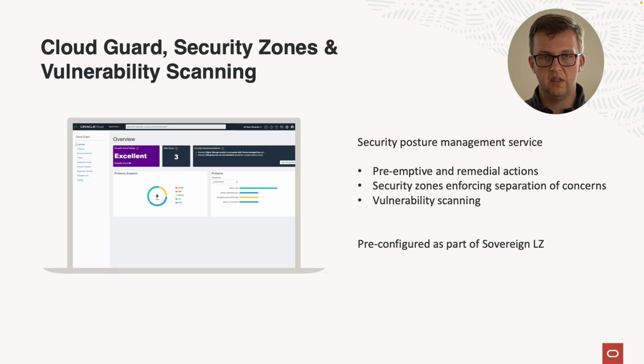Another tool on the list is CloudGuard. CloudGuard is a security posture management service that allows you to set up preemptive and remedial actions if security policies are violated. The Sovereign Landing Zone comes with a pre-configured CloudGuard for common rules and implements security zones to enforce parts of the CIS security controls.